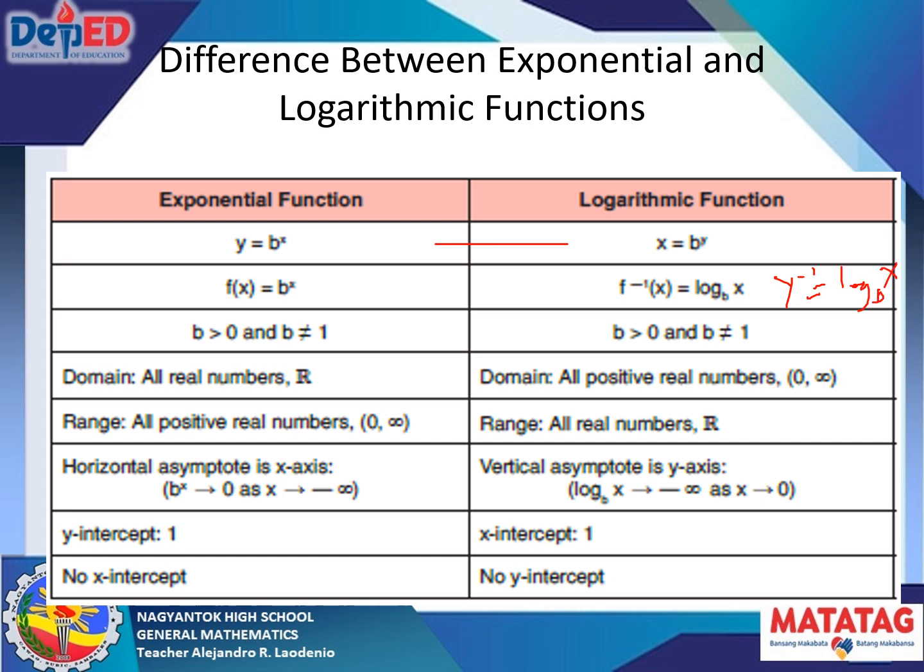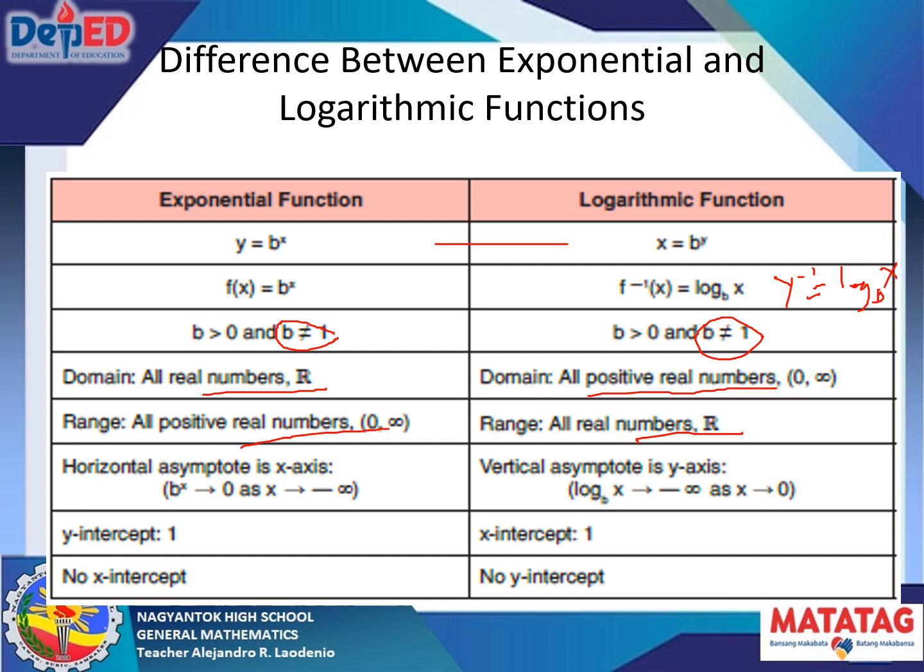Okay, so here in exponential function, still the value of b should not be equal to 1, and even in logarithmic functions. In the domain of the exponential function, all real numbers, and in logarithmic form, all positive real numbers. Okay, the range of the exponential function is all positive real numbers, and the range of the logarithmic function is all real numbers. So vice versa.